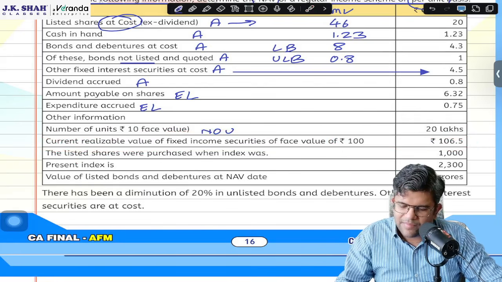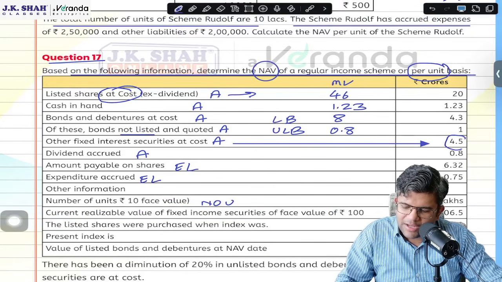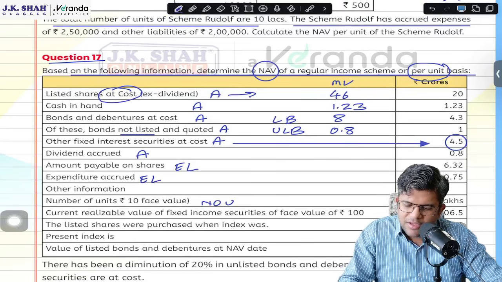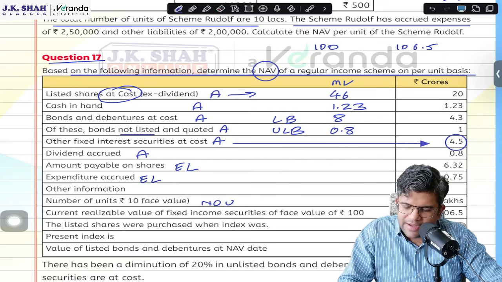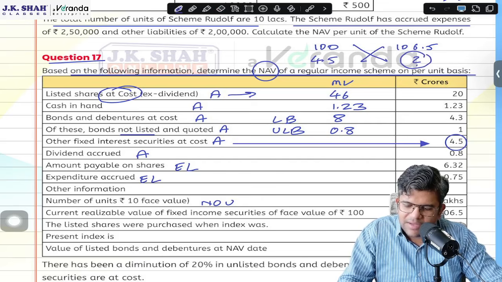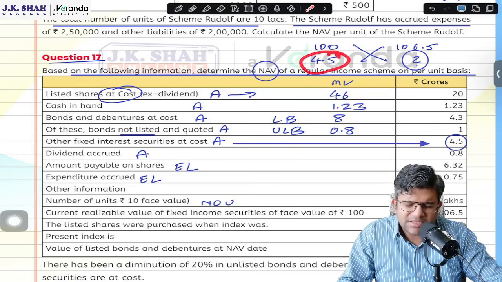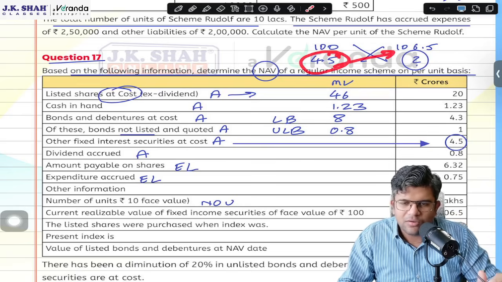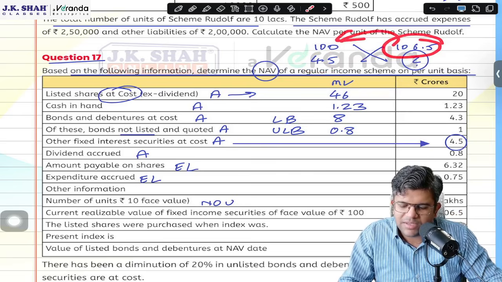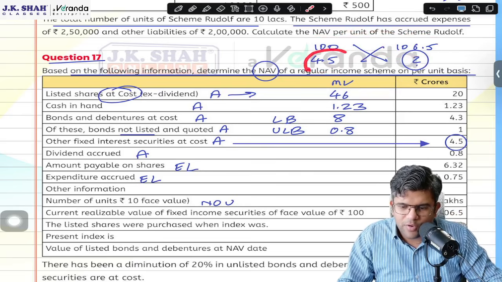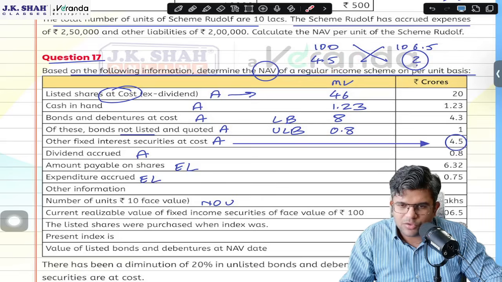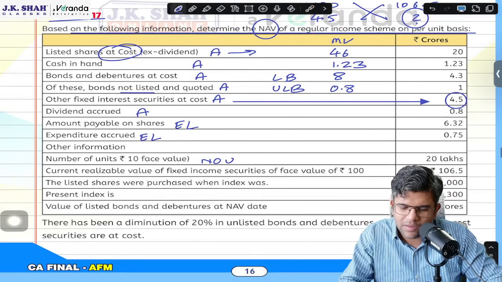Can I say the cost at which I have bought is 4.5? So listen, if cost is 100, market value is 106.5. If my cost is 4.5, it's basic cross multiplication. Either you cross multiply like that or just add 6.5%. I hope you're understanding. It is 6.5% above the cost. So 4.5 plus 6.5% comes to some number. How much is that number coming to?